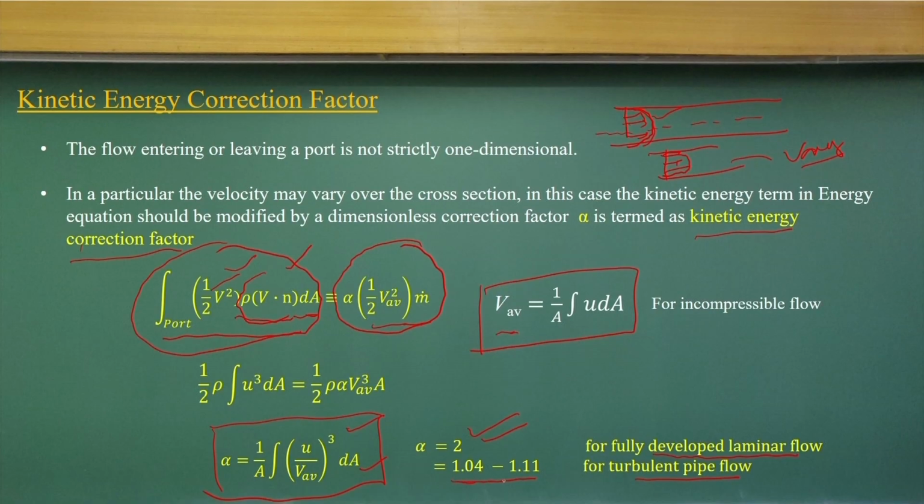In any fluid flow problem, we should compute the alpha value, and whenever we apply Bernoulli's equation considering the velocity distribution, the kinetic energy correction factor needs to be applied. That value varies for turbulent pipe flow, and for laminar flow it is equal to 2.